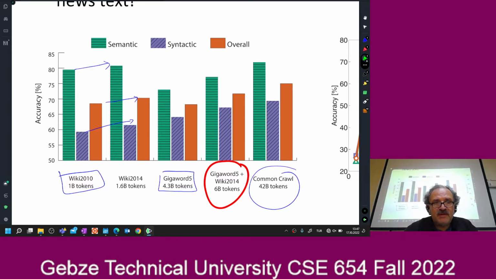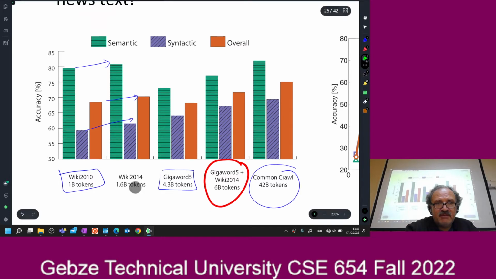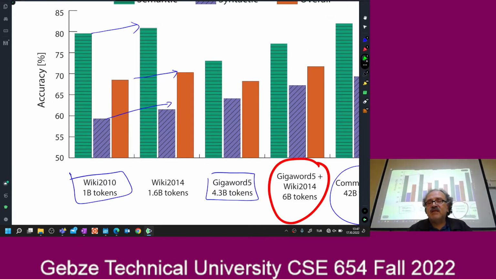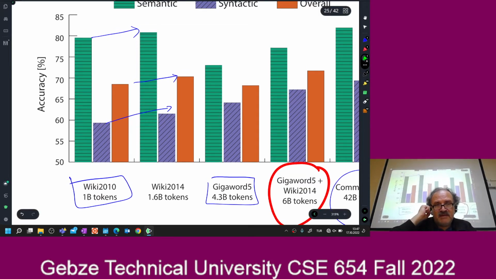If you increase your data a little bit more, say this is Wikipedia. I think I was asking you about the size of Wikipedia. It looks like in 2010 it is 1 billion tokens. Now it is 1.6 billion tokens in 2014.